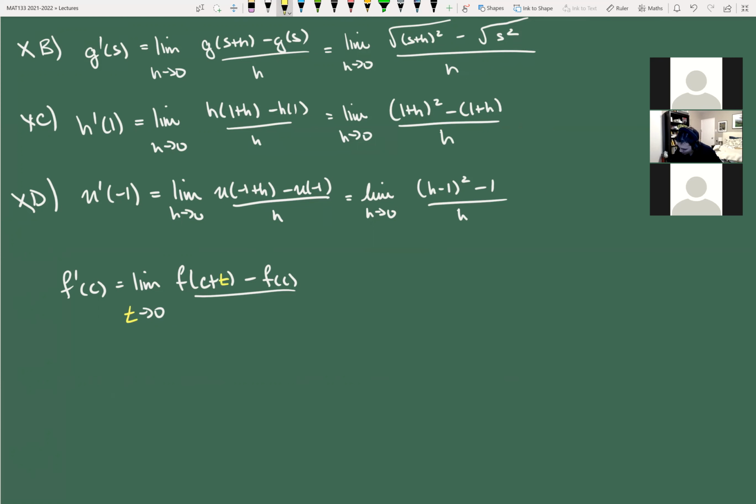T, T, T like that. Does that make sense now? So where the C plus T is, the T is just a placeholder for the H. Yeah. So does that answer it? Okay, cool.